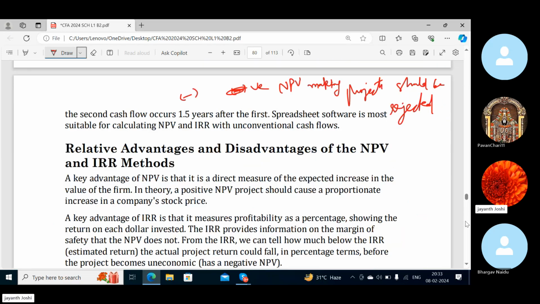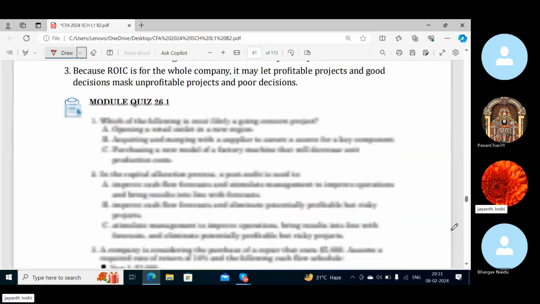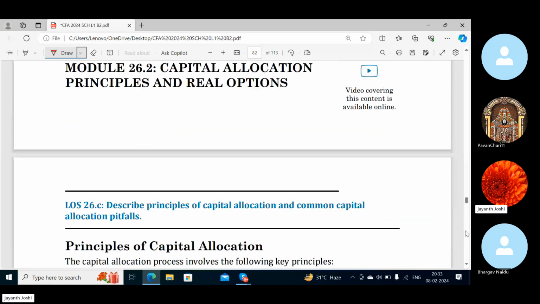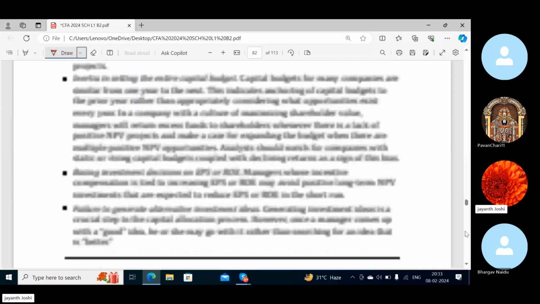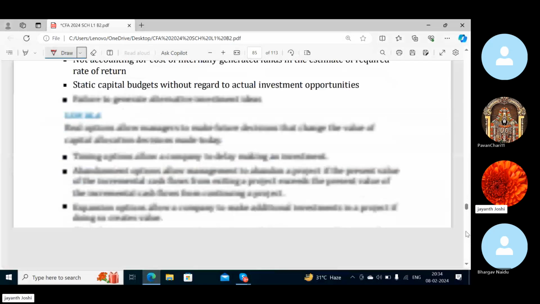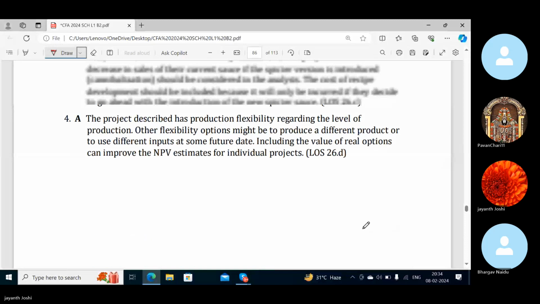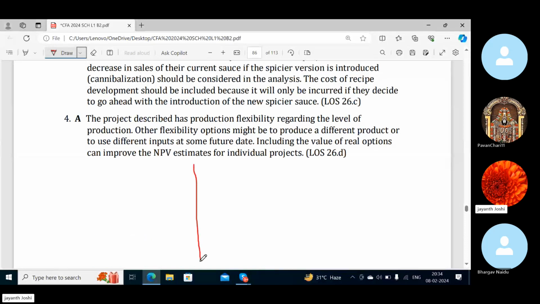So let's say these are the projects. I'll just draw a diagram here. This is the cost of capital at which your NPV is exactly equal to 0. This is your NPV.